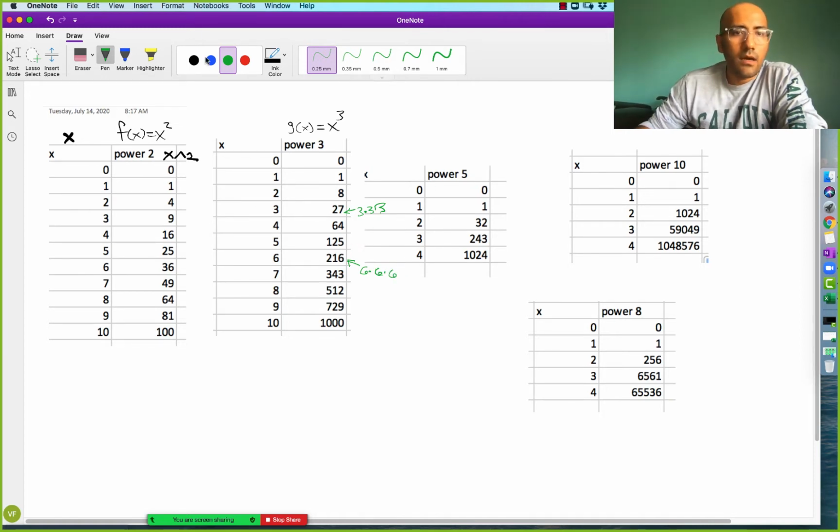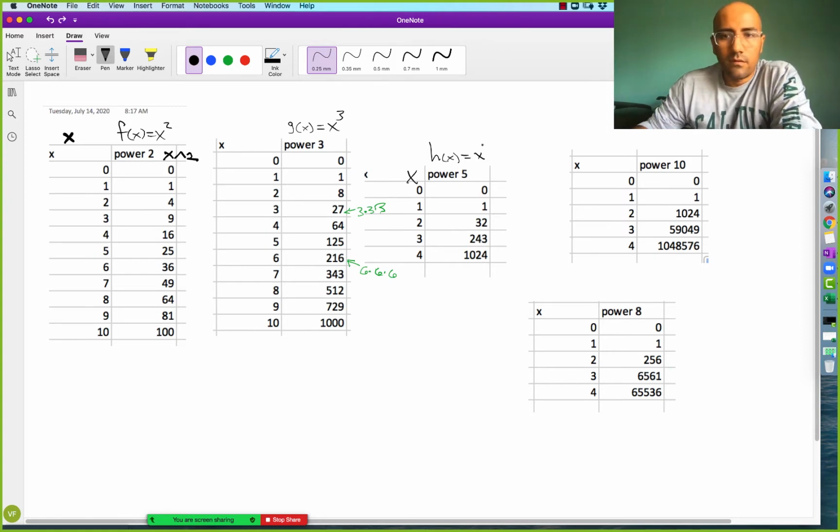Okay. Then we have this other case over here. This is an x, and then this one is some other function. Let's call it h of x equal to x to the power of 5. Right, so 0 times 0 times 0 times 0, 5 different times.